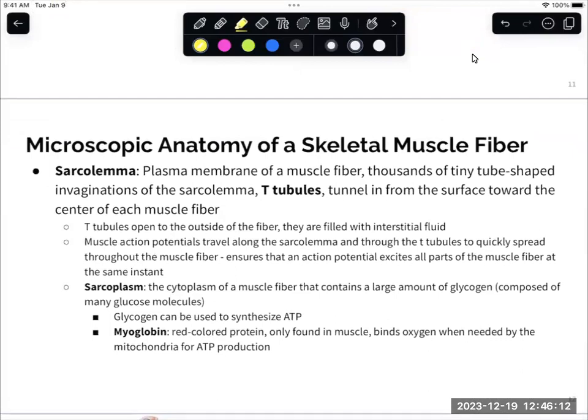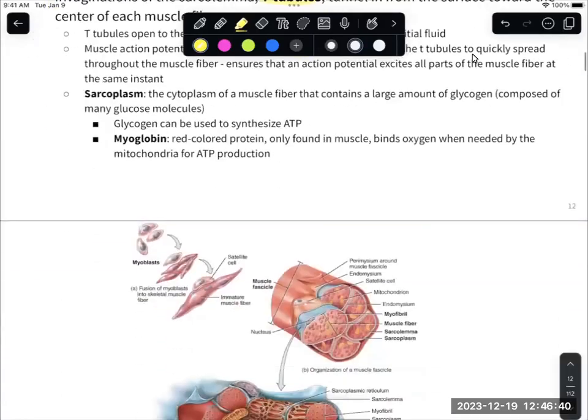So what do we see in each of those myofibrils that are inside of a muscle fiber? We have a sarcolemma. This sarcolemma is around this muscle fiber, and it creates these T-tubules on this front area of the muscle fiber.